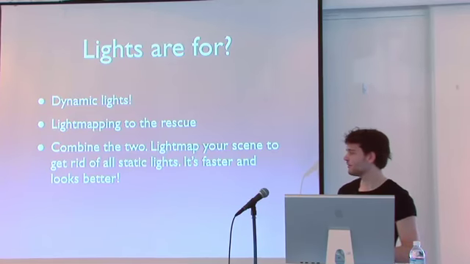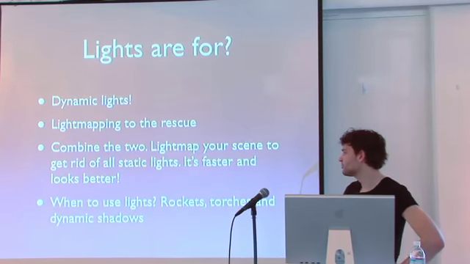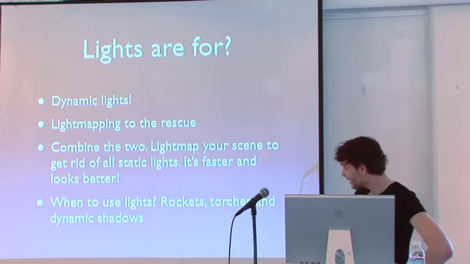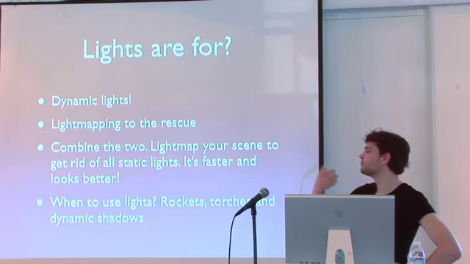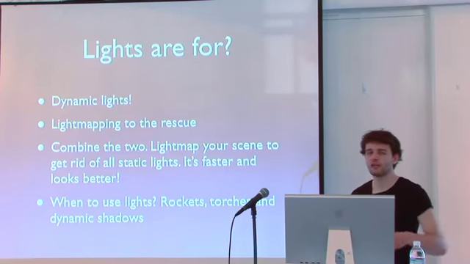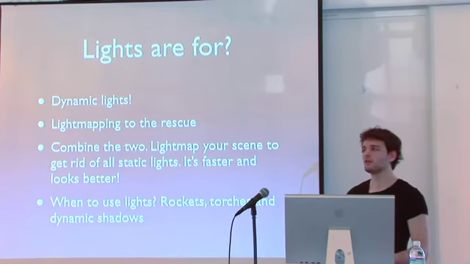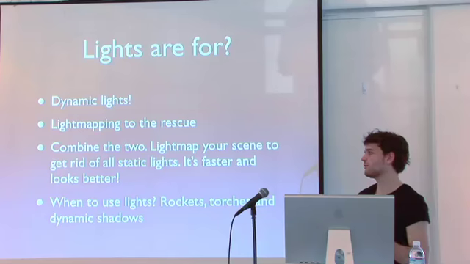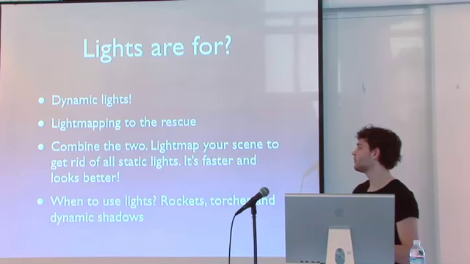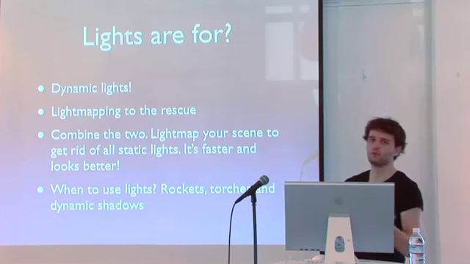But then maybe you have a guy running through the scene, and either he has a rocket launcher or a torch, and then it affects the geometry on top of that. So you just get a really nice effect of the torch walking through. You get really big, good performance because you have all those lights which are combined into a static light map. It looks nice. You get global illumination on it, and then on top you have a dynamic light, so it looks great when something moves.